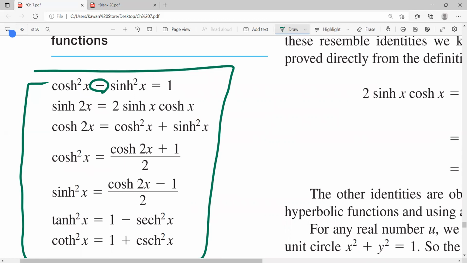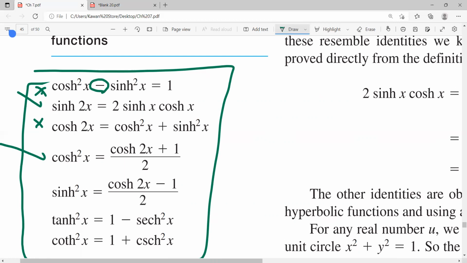Sinh of 2x is equal to 2 sinh x cosh x, so the same. Cosine of 2x was equal to cos squared minus sin squared, but here we have plus, it is not the same, so be careful. When you have cosh, the rule will change. How about cosh squared? That one is the same. How about sinh?